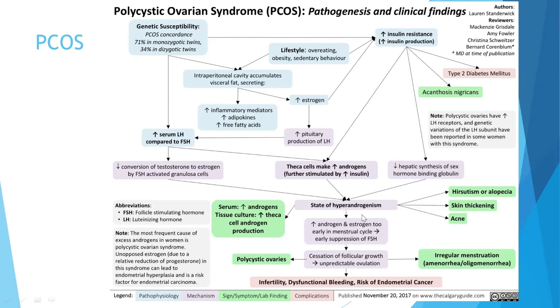The state of hyperandrogenism can ultimately lead to hirsutism, skin thickening, or acne. And increasing the insulin resistance is the reason behind the type 2 diabetes mellitus very commonly seen in the patient with PCOS, and is a very common question to be asked in the USMLE examination. And the acanthosis nigricans can also be due to the insulin resistance, or we can say increased insulin production.